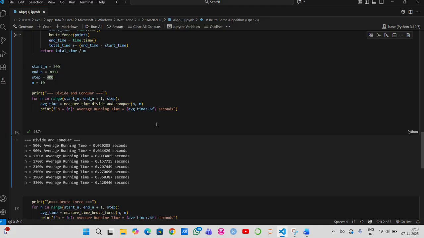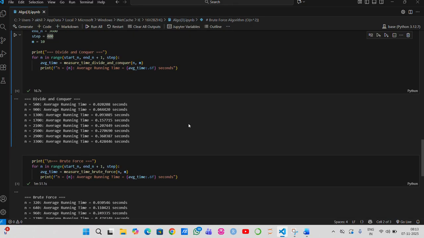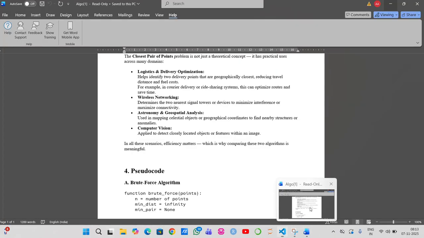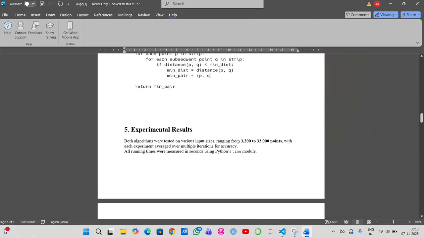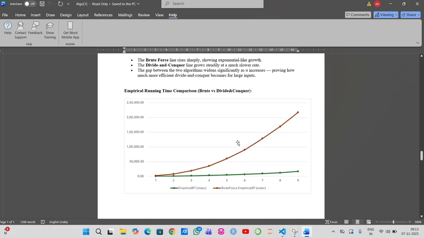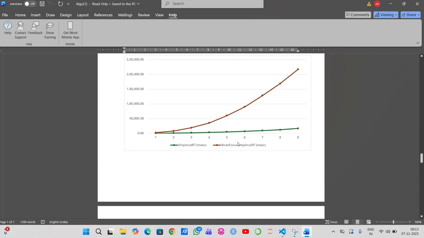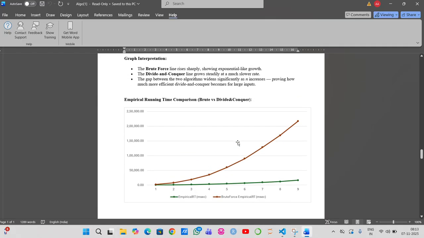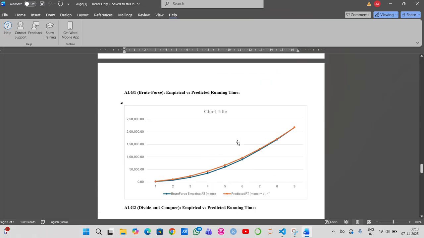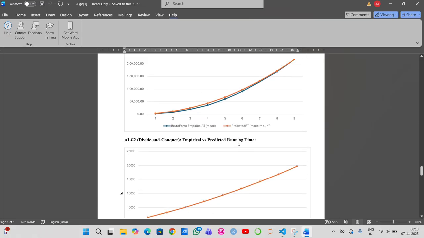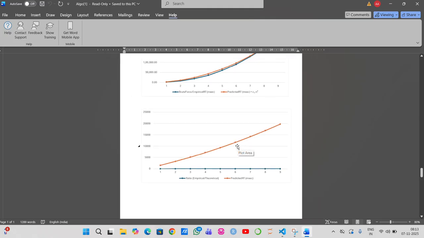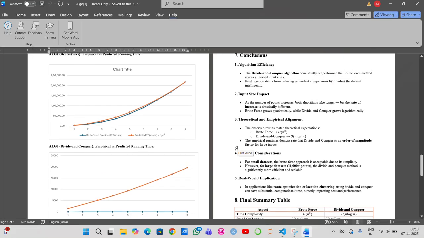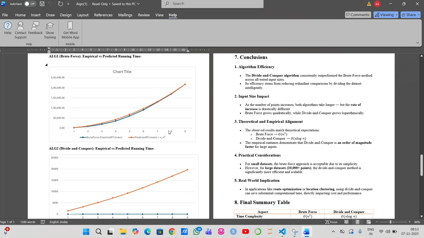And now let's talk about the graphs. In the brute force empirical versus predicted plot, the curve rises steeply, almost exponential-looking, confirming its quadratic growth.